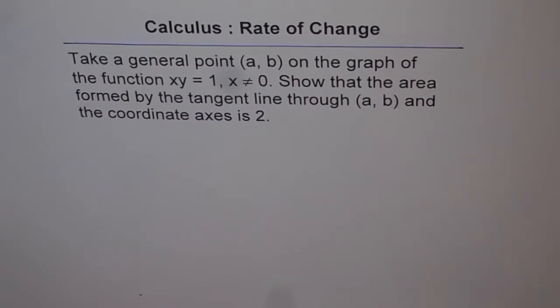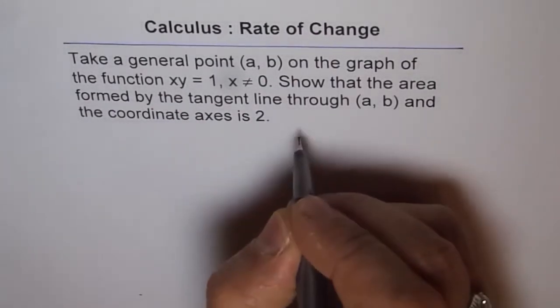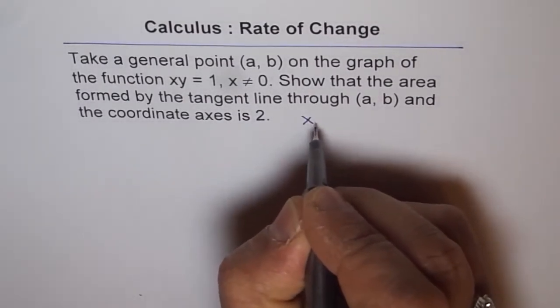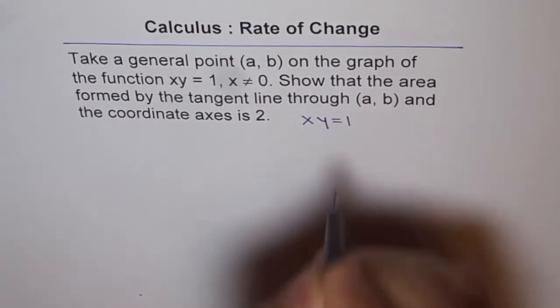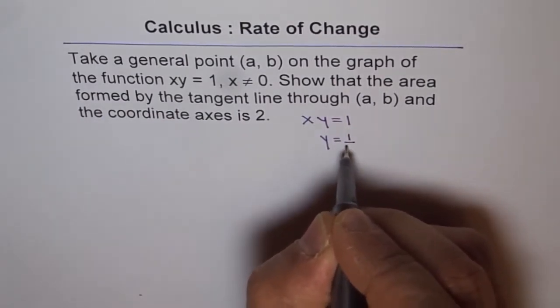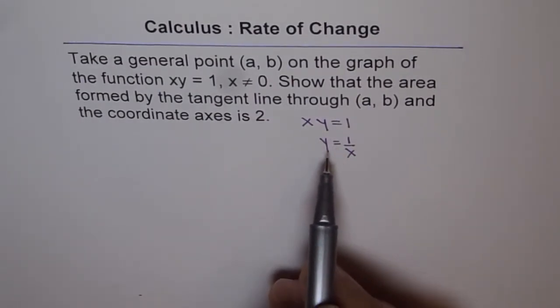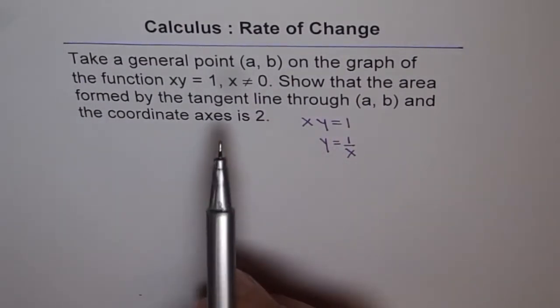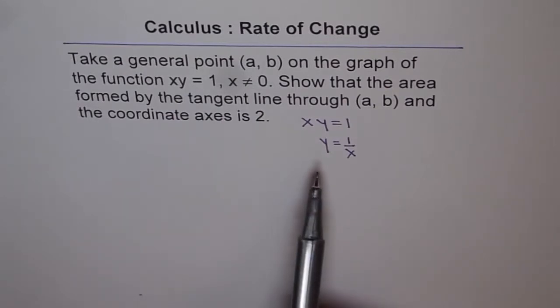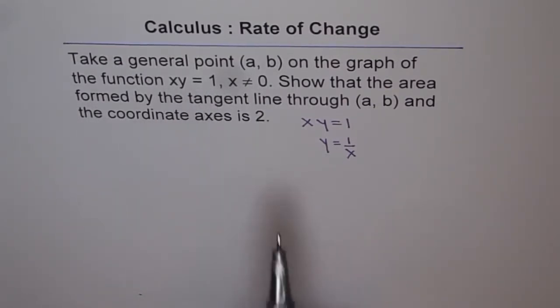Let's rewrite this. xy equals 1, we can think of it as y equals 1 over x. So that is the function. It's another way of writing the reciprocal function, where x is not equal to 0.